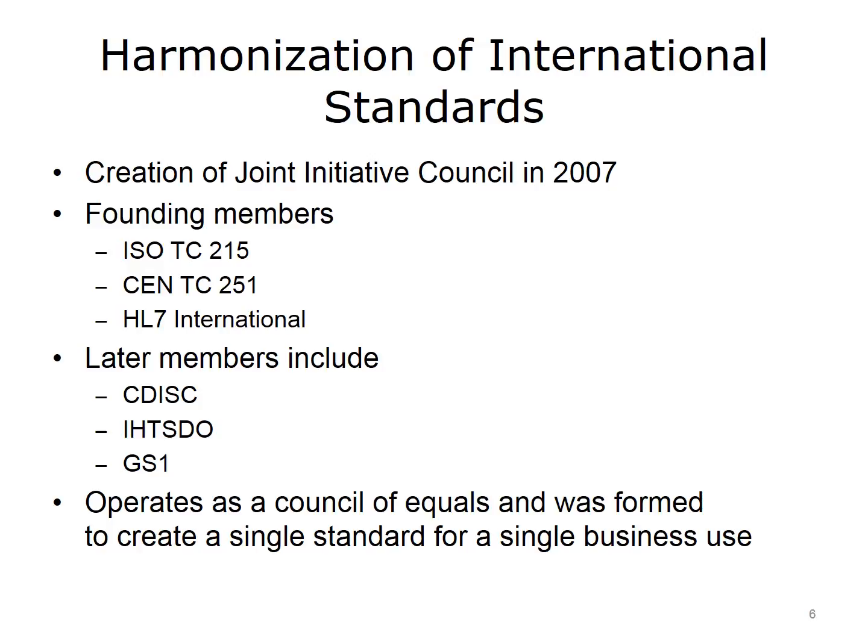Other activities include a standard for reporting adverse events, the individual case safety report, a glossary, the Biomedical Research Integrated Domain Group, BRIDG, the EHR functional model, and others. A standard moves to JIC when multiple SDOs have an interest in creating the same standard and the SDOs agree to work together.